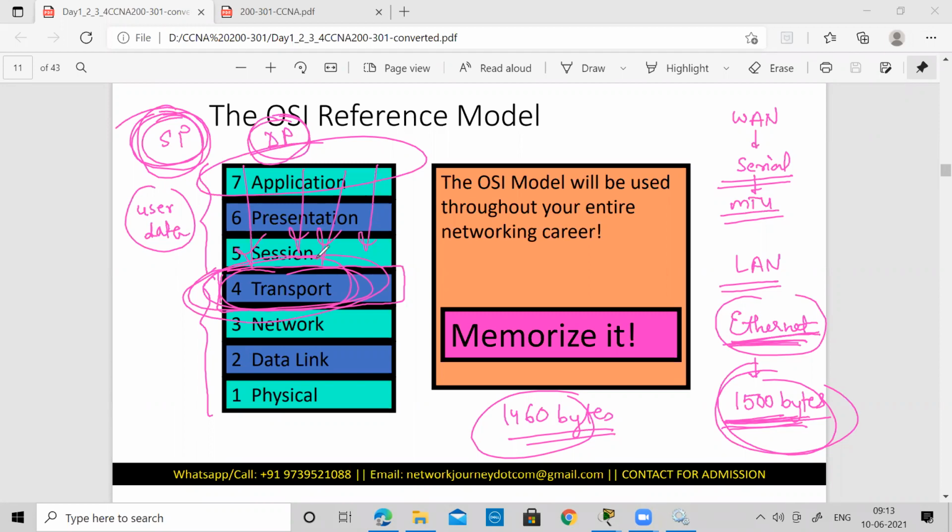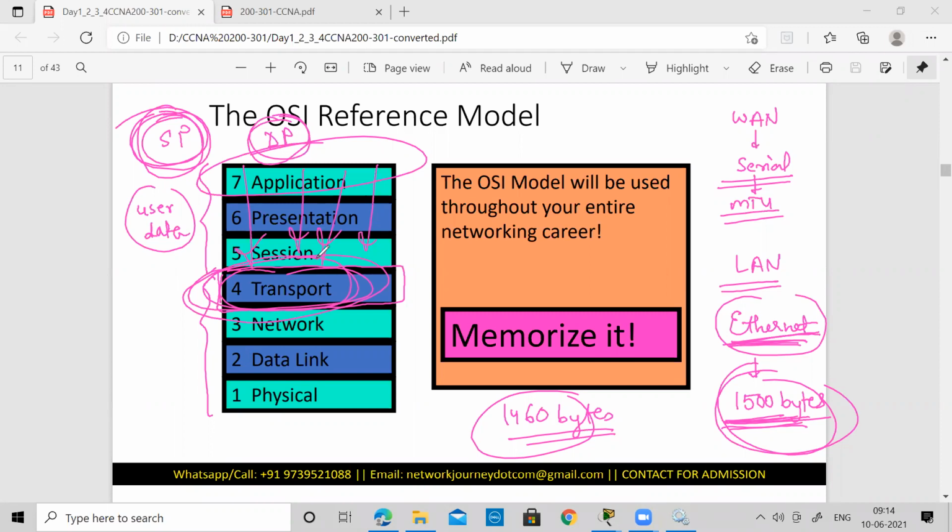Then I just discussed that the port numbers are also given by the transport layer, to distinguish the different applications you are running at the user side, so that every request and reply is loaded in the same page and does not go here and there. So the transport layer helps to distinguish this with the help of port numbers.